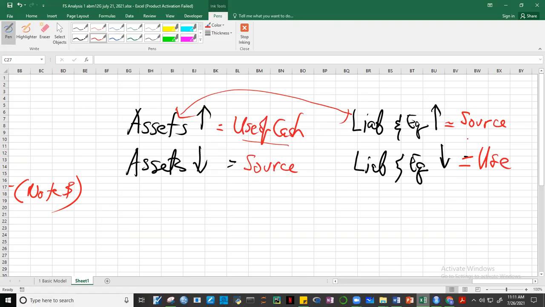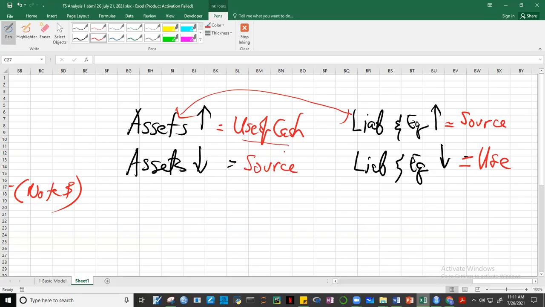Example, guys, accounts receivable umakyat, no? From 100 to 200. What does that mean? Kapag may additional sales, kaso hindi pa nakokolekta, it's a use of cash. Inventory tumaas, bumili ng inventory. Pag assets tumataas, then prepayment tumaas. Ibig sabihin, nadagdagan ng advance payment, no?